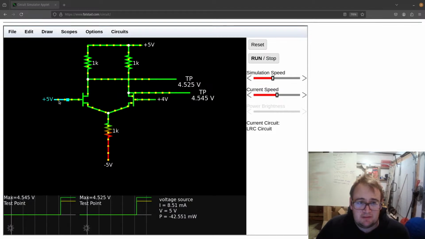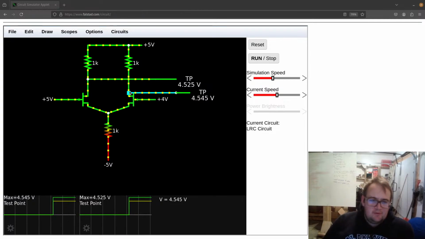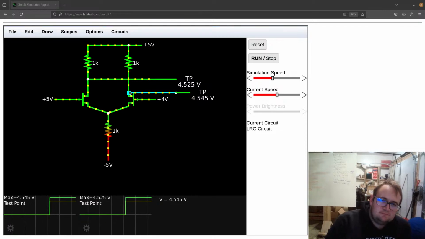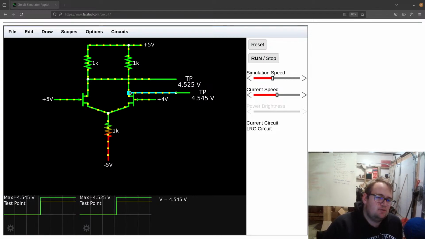But there is definitely more current coming through that one. Why would that be happening? Like I said, I just did this lab, so I should know. But that was mostly MOSFETs, to give me the benefit of the doubt. JFETs it actually didn't cover that much.